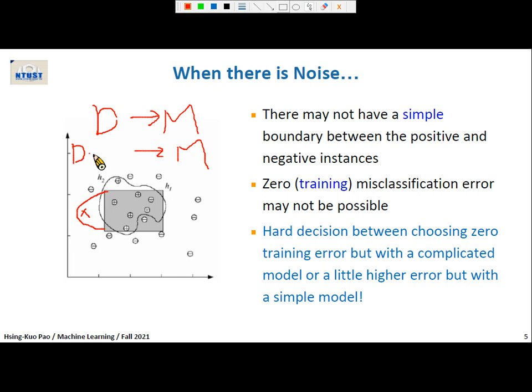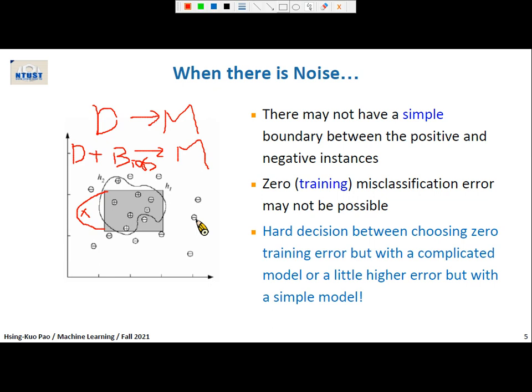But with bias we can do that. Bias is something that we add to the data so that we can go from data to model logically.